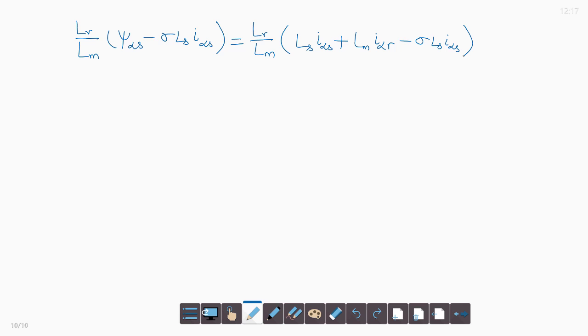So this is equal to Lr by Lm times Ls into 1 minus sigma into I alpha s plus Lm into I alpha r.